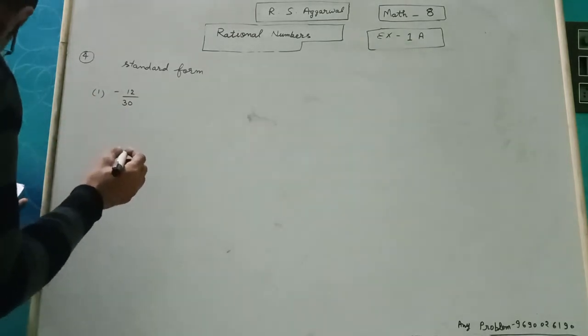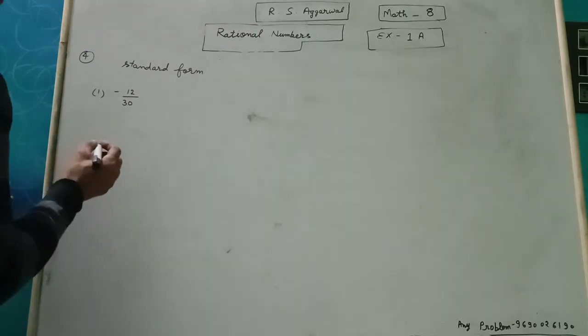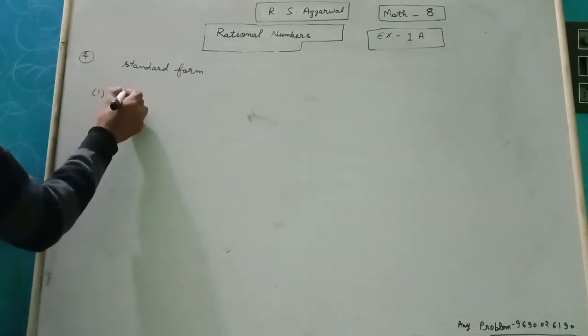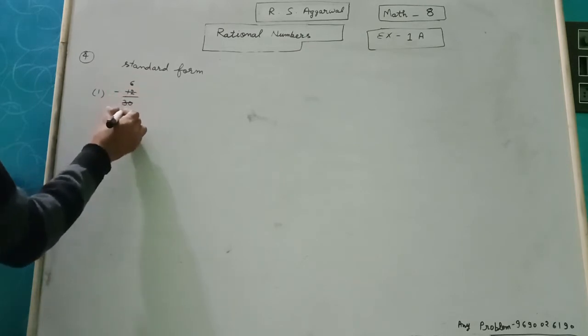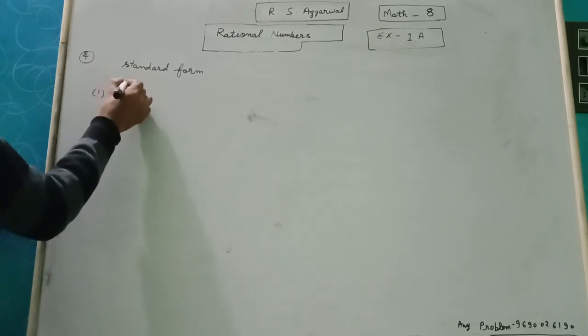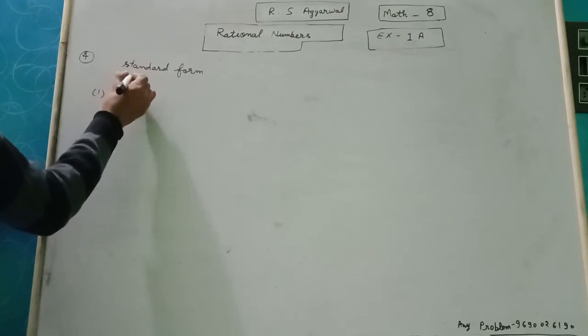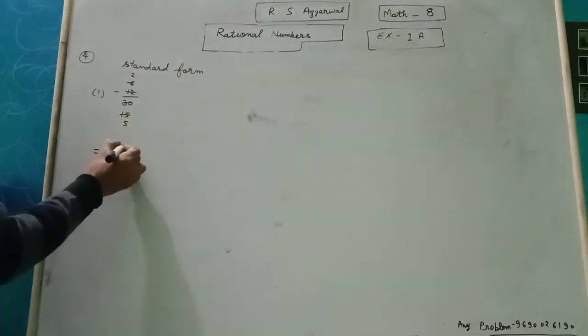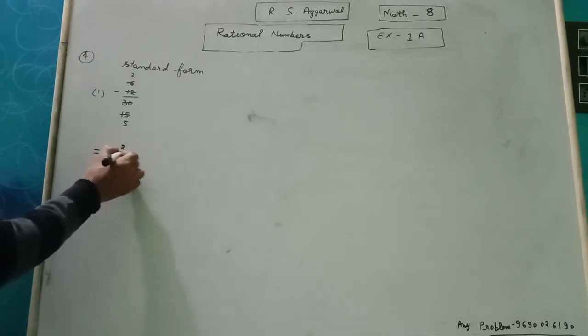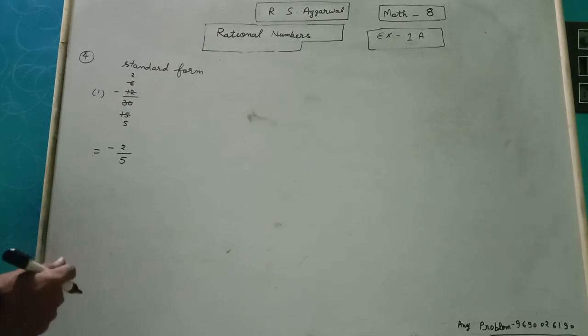Use the table. Divide by 2, 6. Divide by 15. Divide by 3: 3 twos are 6, 3 fives are 15. Minus 2 upon 5 after simplifying.